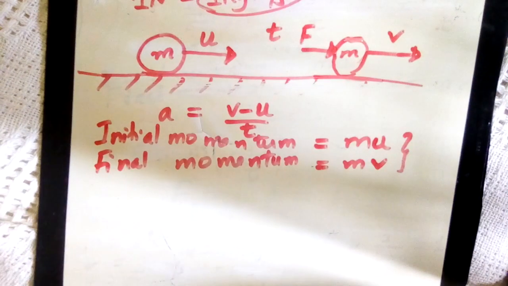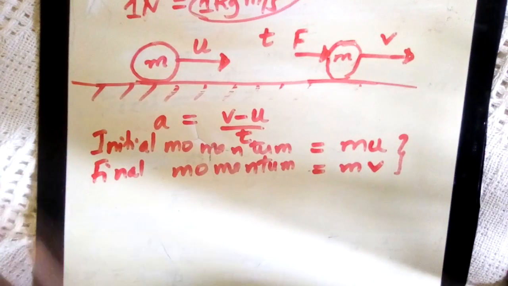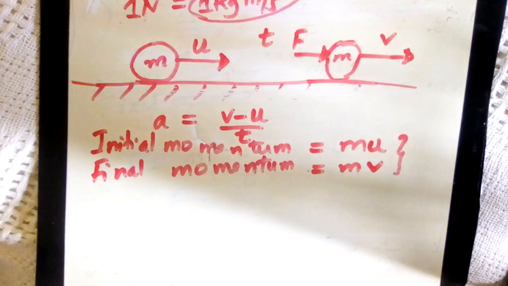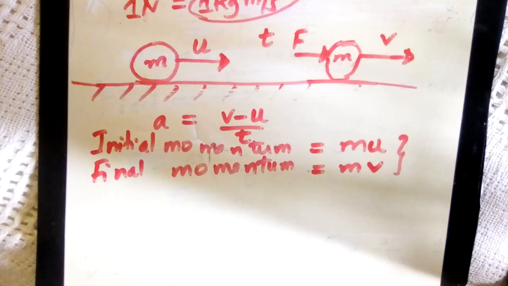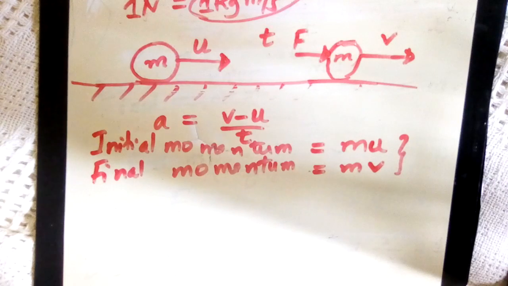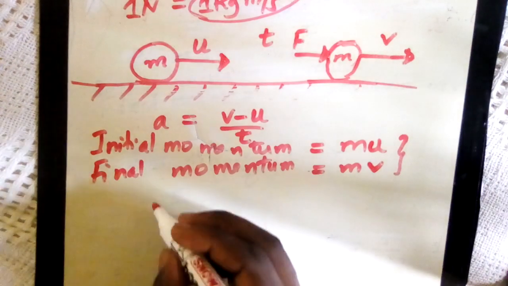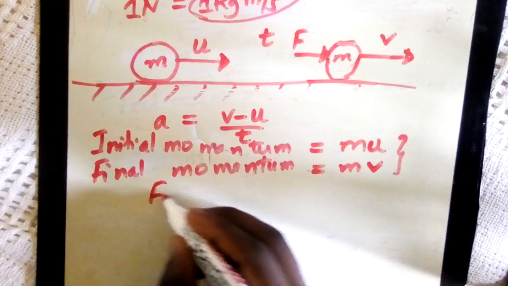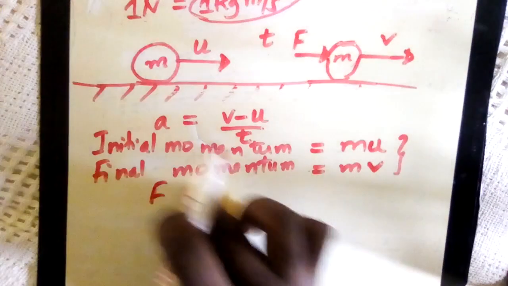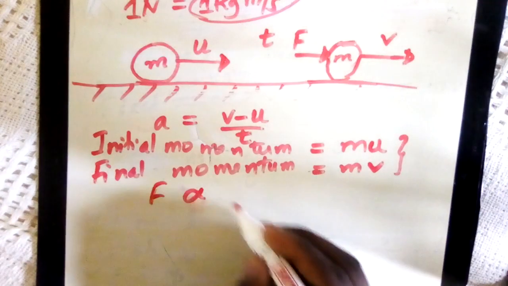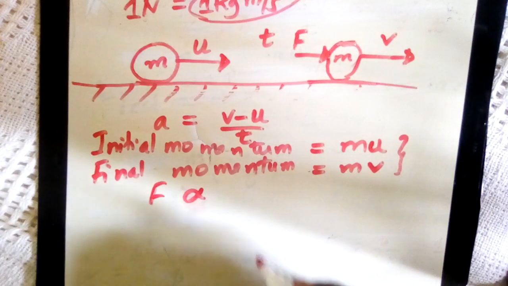So according to Newton's second law of motion, the force applied to an object is directly proportional to the rate of change of momentum. And by the way, when you say the rate of change of something, that means you take a quantity and divide by the time. So the force is directly proportional to the rate of change of momentum.